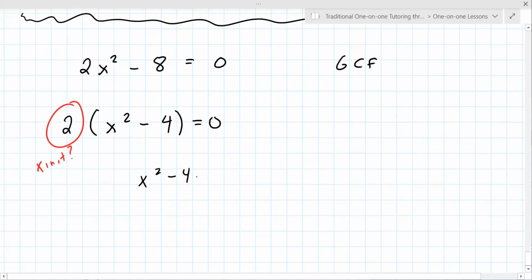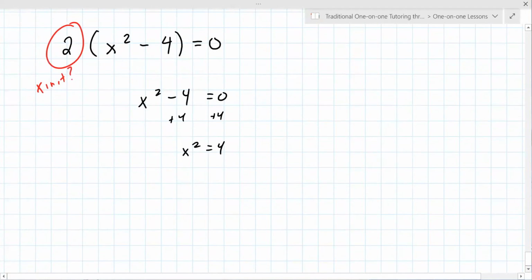Yes. Now notice this problem is like the ones we started with. You add 4 to both sides. Now what's the next step? You have to take the square root of 4, plus or minus the square root of 4.